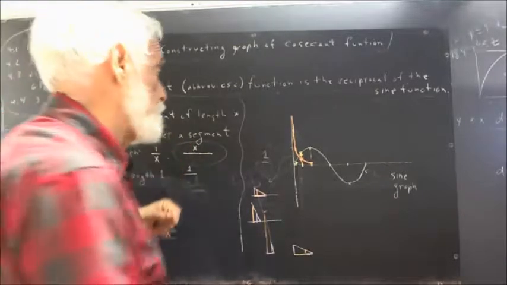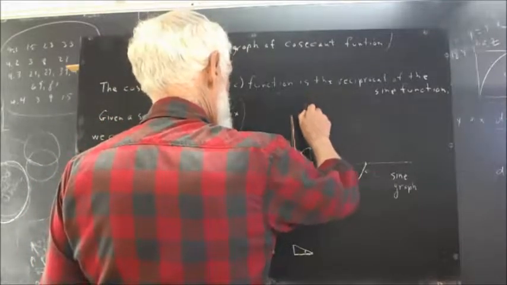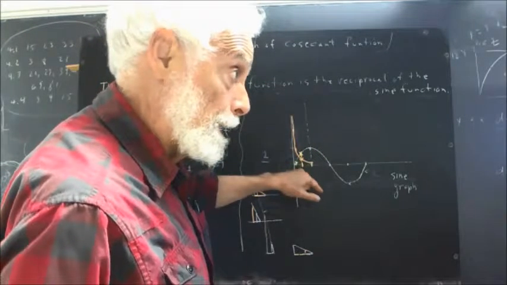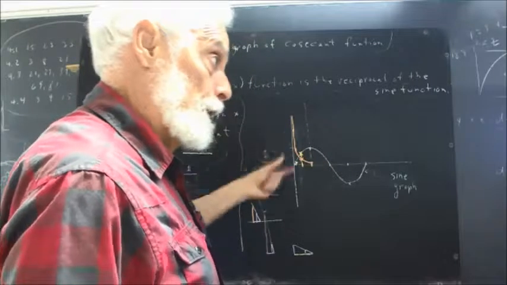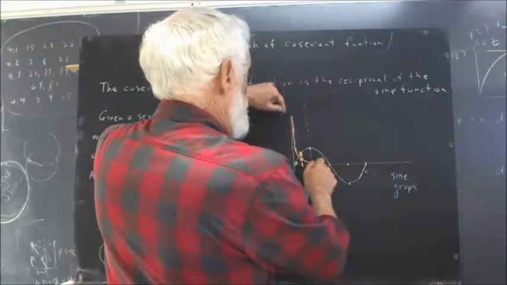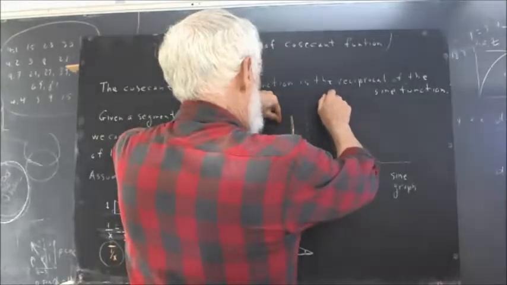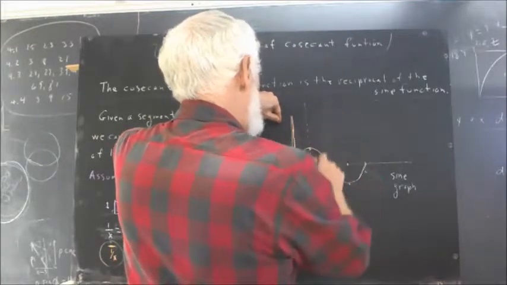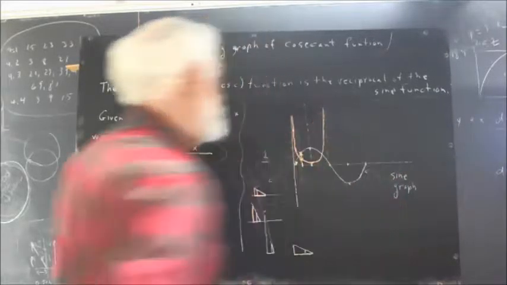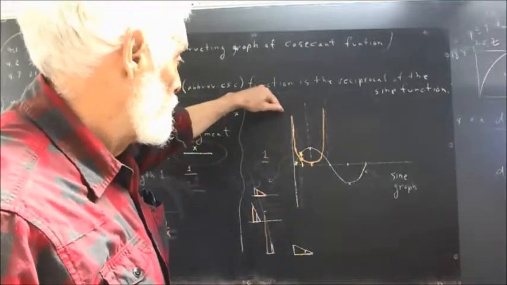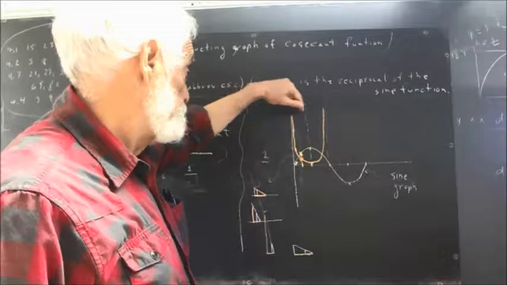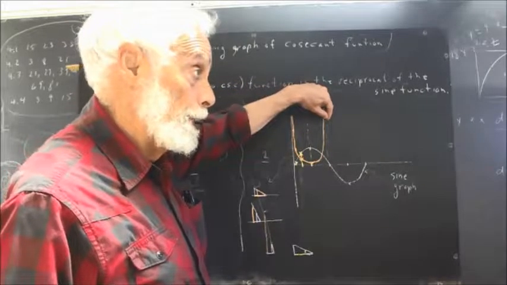Now, symmetry tells us that, the symmetry of this curve about this line, the symmetry of our sine function, which we can trace back to the nature of the reference circle, dictates that we have another vertical asymptote here, so that this portion of the cosecant function, the cosecant graph, is bounded by an asymptote here and an asymptote here.